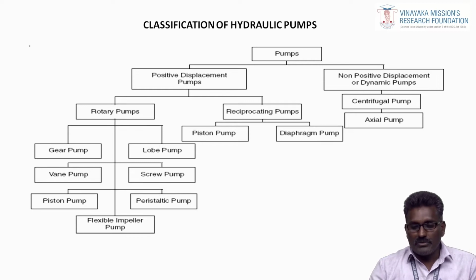It is called a non-positive displacement pump because it does not deliver a constant quantity of fluid for each revolution. There is some slip: when the pump rotates at very slow speed, it is not able to deliver the fluid. As the speed of the pump is increased, it produces output. It is generally used in our day to day applications, bore wells, open wells and others.